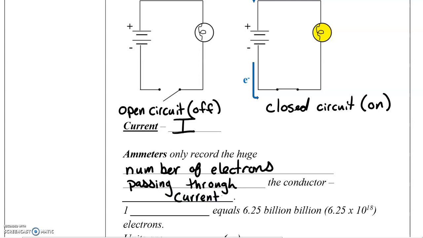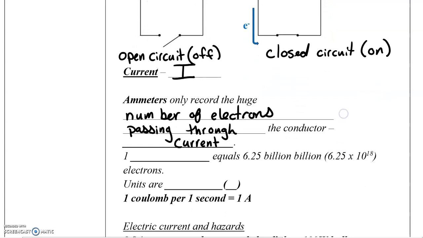So 1 coulomb, this is just a unit of measurement, like we have liters or grams or meters or miles or kilometers. This unit of measurement is called a coulomb. 1 coulomb equals 6.25 billion billion electrons.